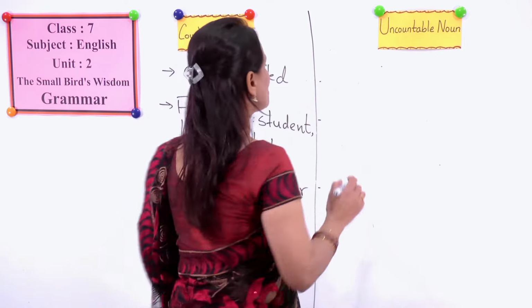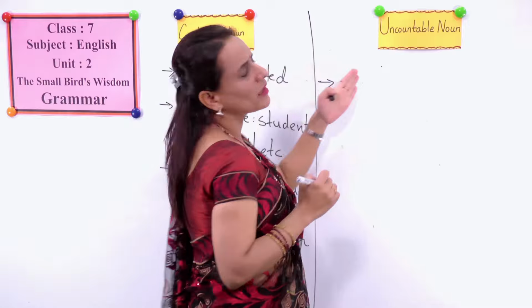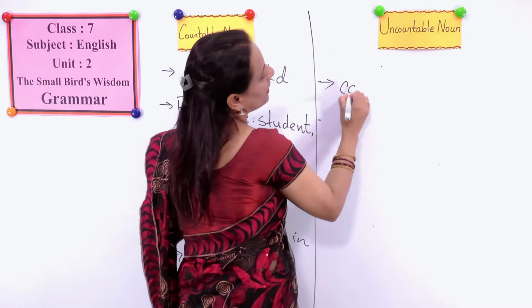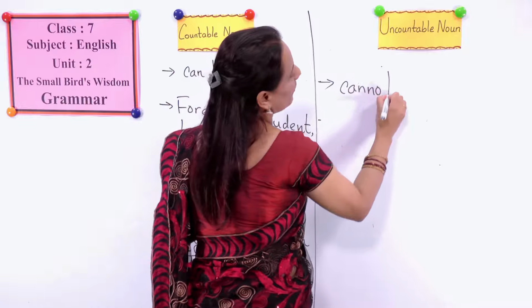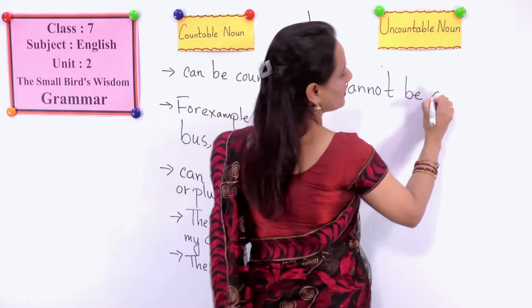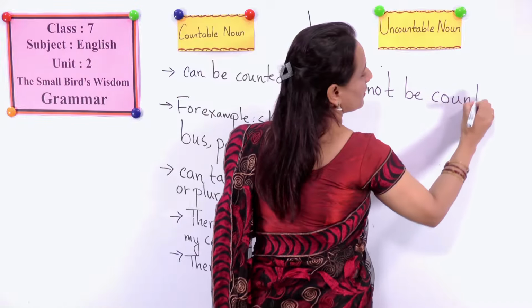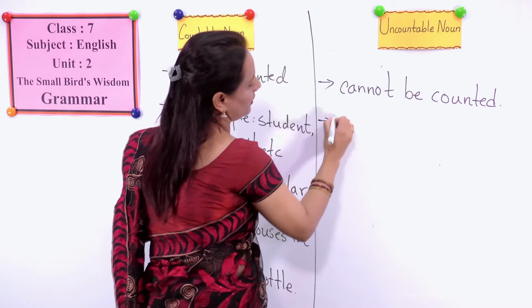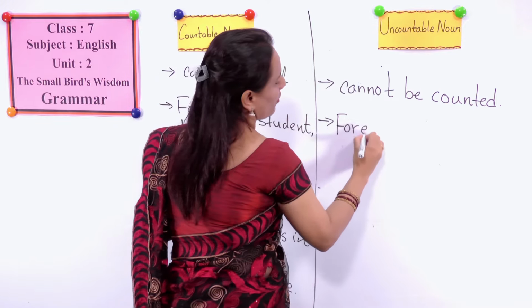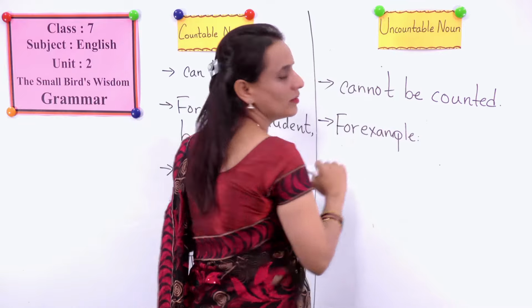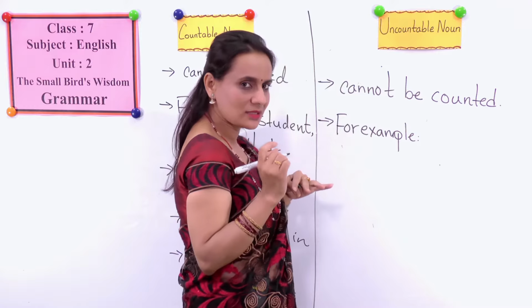Now after this, let's go to uncountable noun. First, what is an uncountable noun? It cannot be counted. For example, we did it, so many examples.